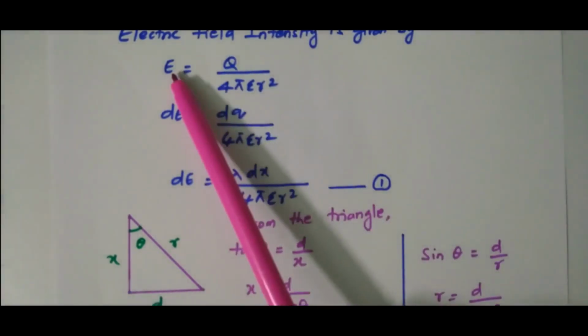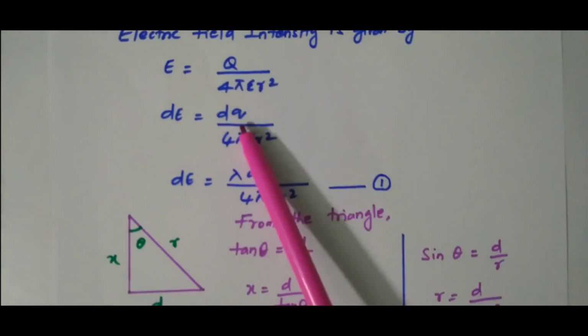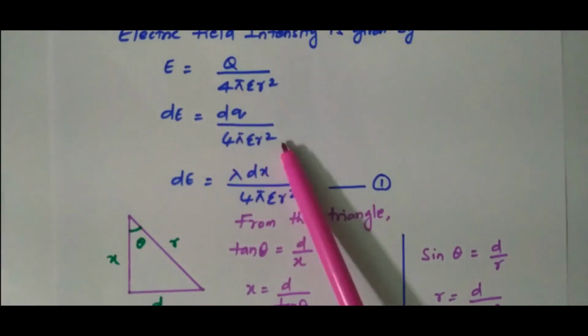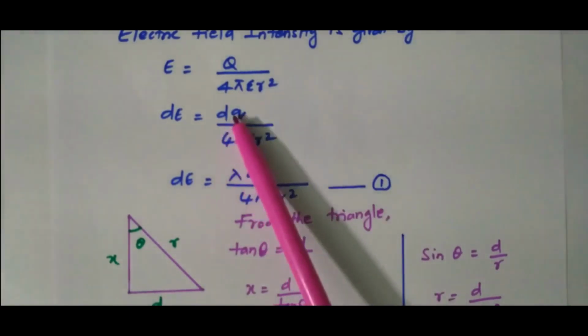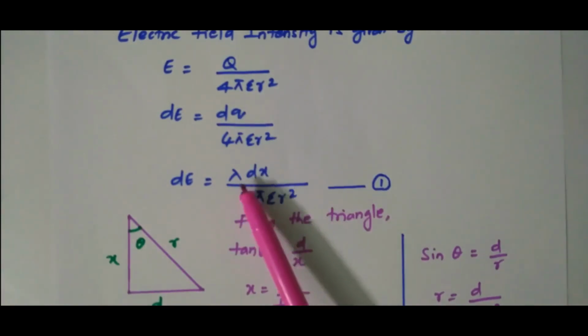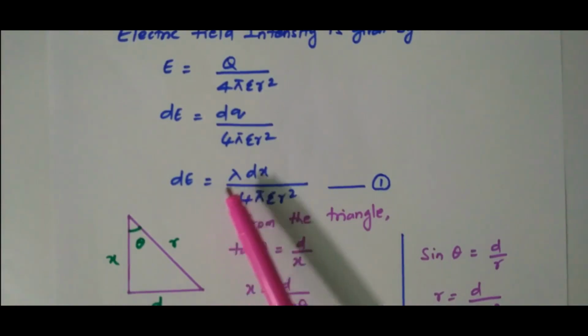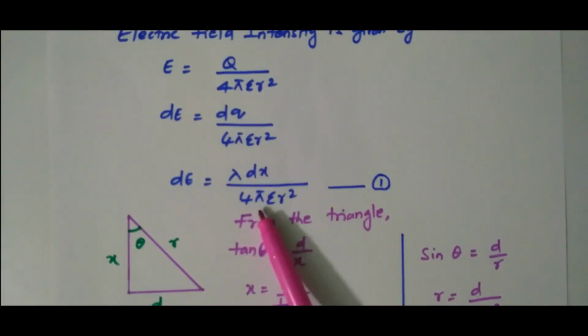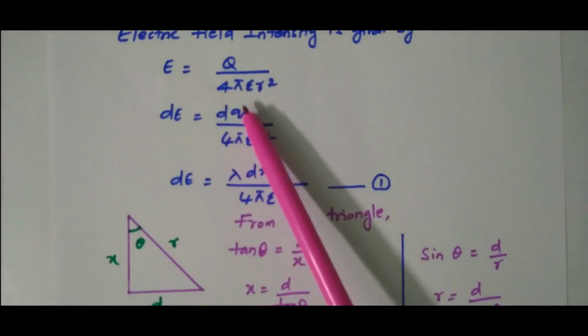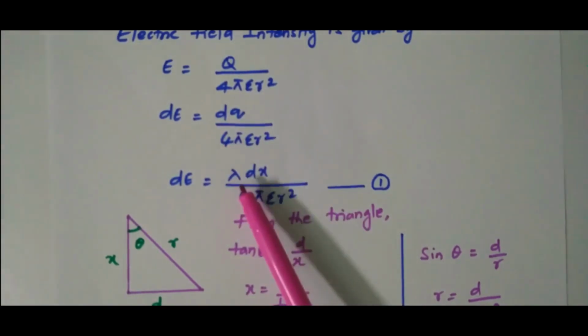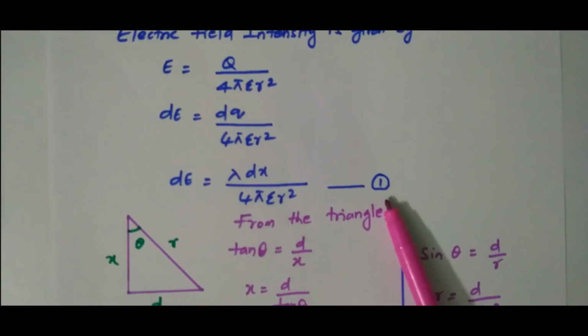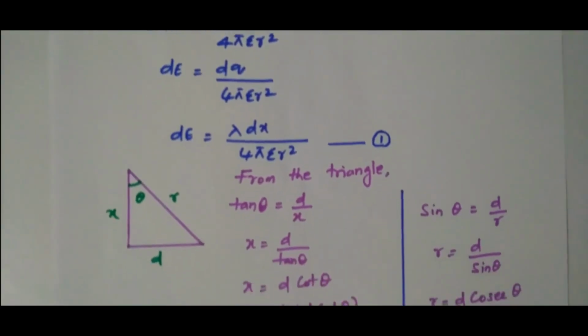So dE equals dq divided by 4 pi epsilon R square. But dq is given as lambda into dx in terms of linear charge density. So dE equals lambda dx divided by 4 pi epsilon R square. Take this as equation number 1.